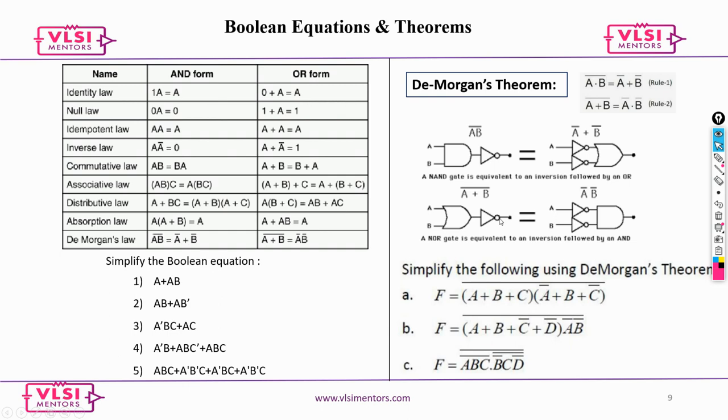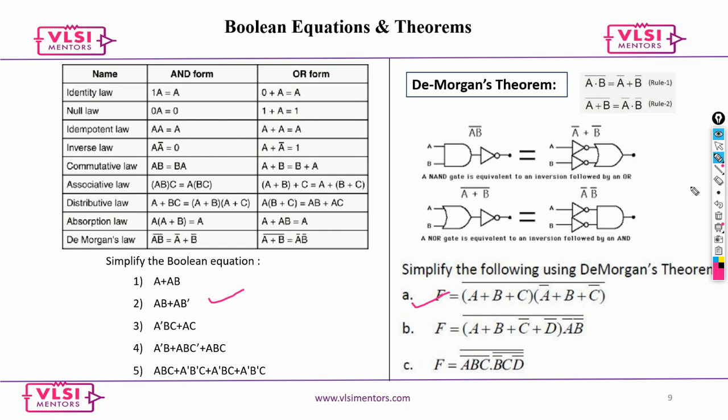And we have gone through the basic equations, the Boolean theorems, and solving some of them. I gave two of them as an assignment. Using De Morgan's theorem, you would be able to optimize the circuit in a better way.